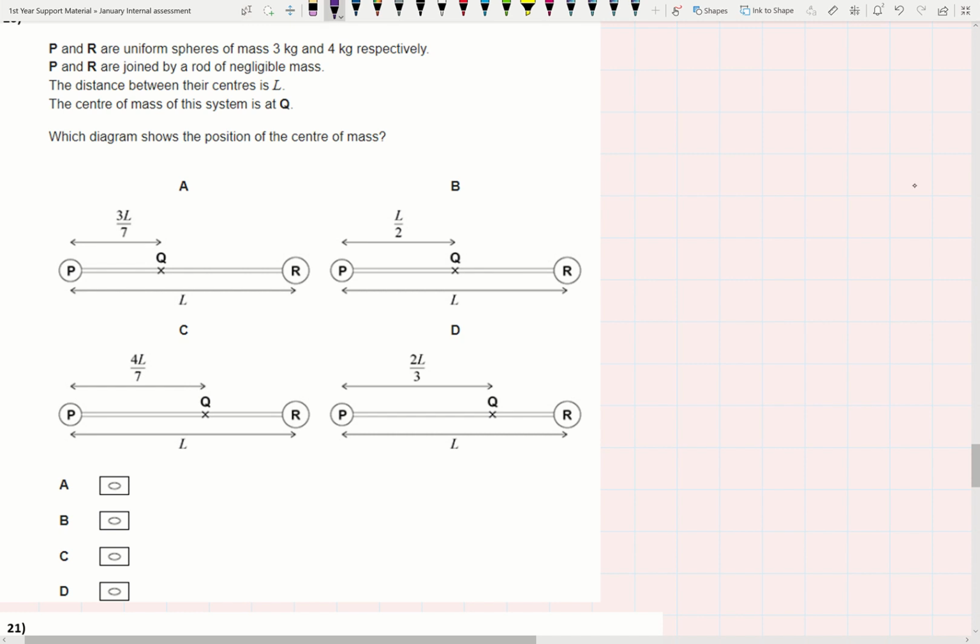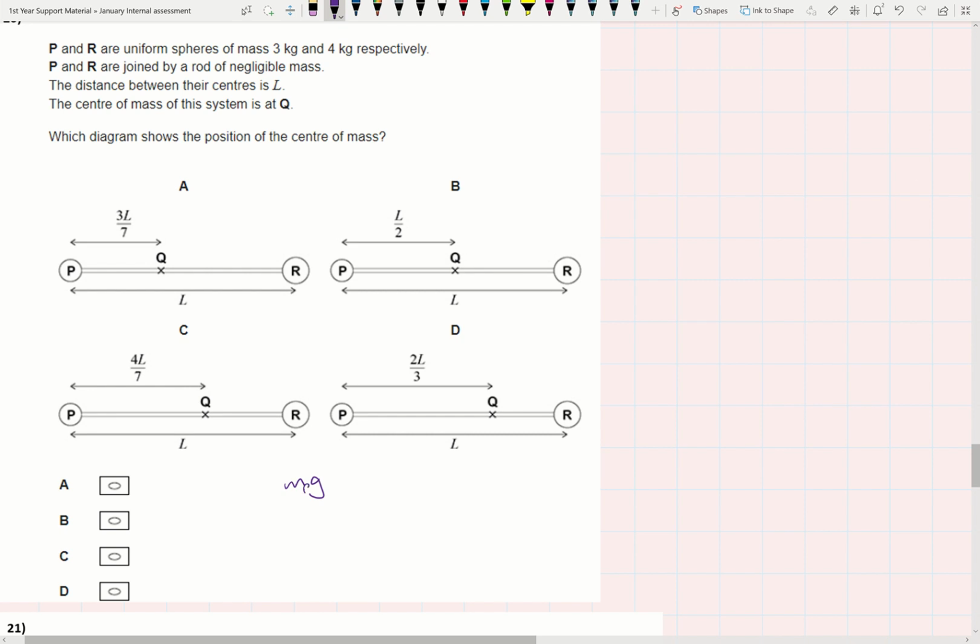So if I know that mg, let's call, or what shall I do? I should really use the letters that are on here.